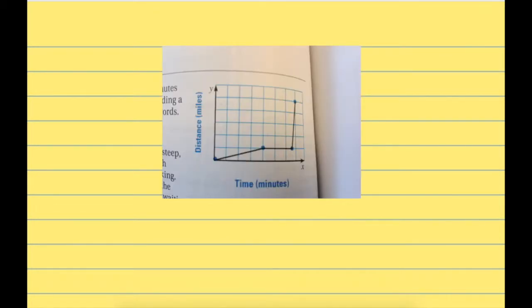Now, the output is distance, the input is time. So this graph is telling us how her distance changes over time. And so what we see in this region here is that her distance is increasing over time, but not very quickly. So since her distance is increasing at a slow rate, that is probably where she is walking to the bus stop.